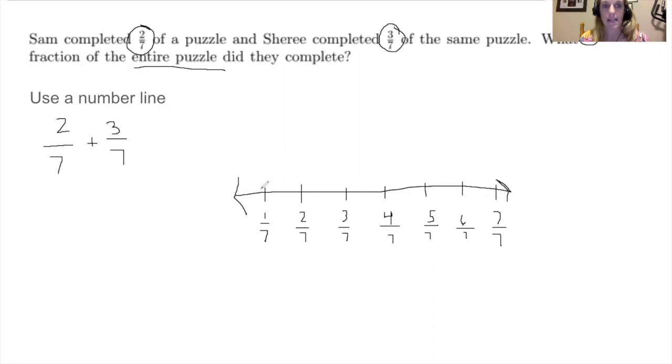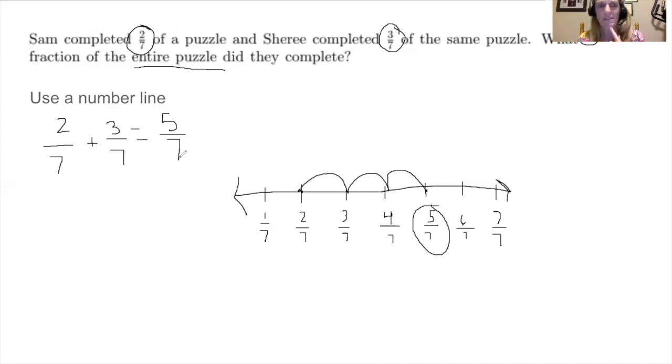Now let's see if I start at 2/7 for Sam and I add 3 more 7s. 1/7, 2/7, 3/7. I get 5/7. So my total number would be 5/7.